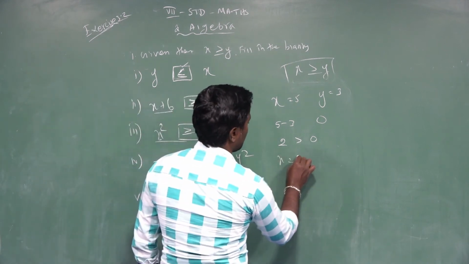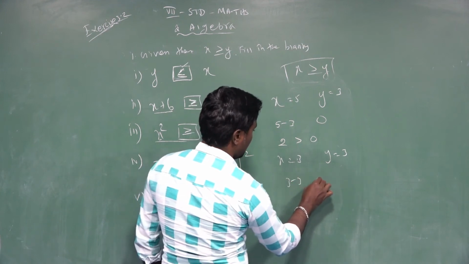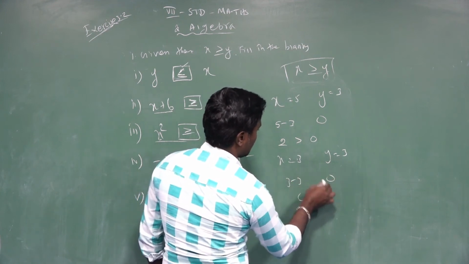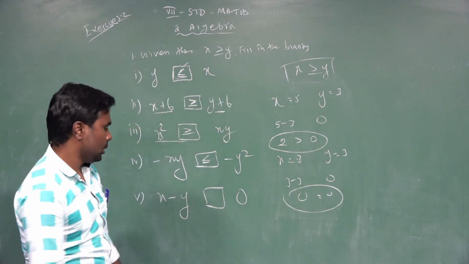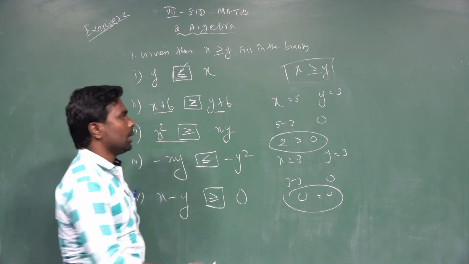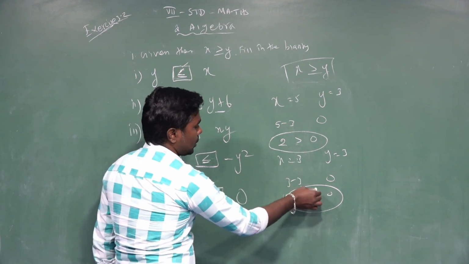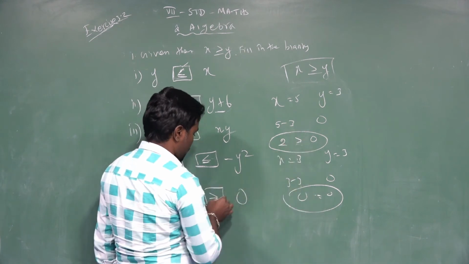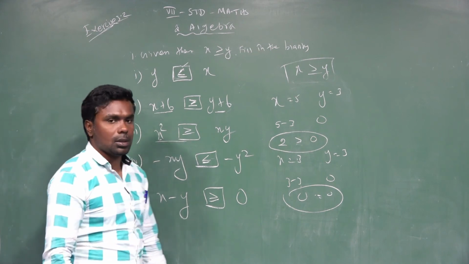Now x is 3 and y is 3, and 3 minus 3 is 0. So what is the symbol? One time greater than, another time equal. So simply we can write greater than or equal. When you take different numbers, you get the greater symbol. Take the same number, it's 0. So x minus y greater than or equal to 0.